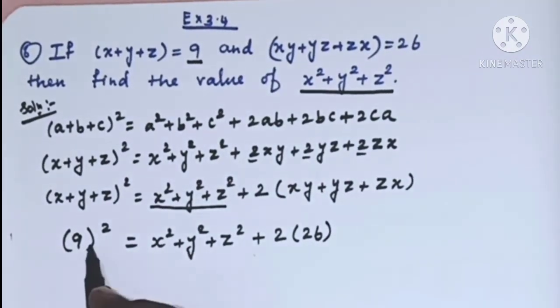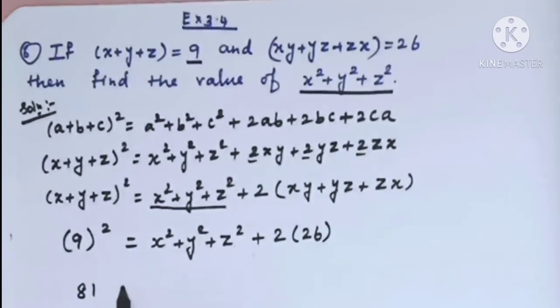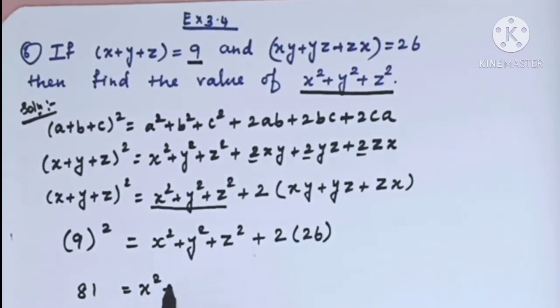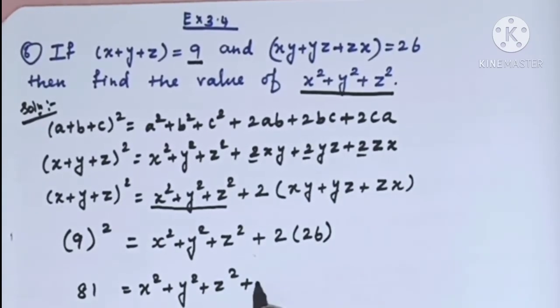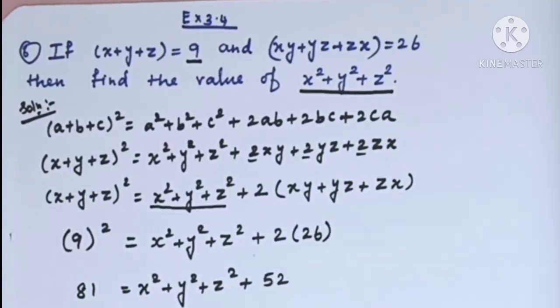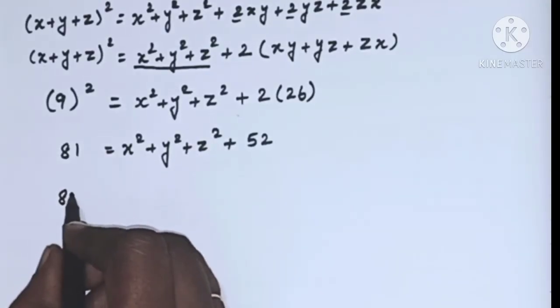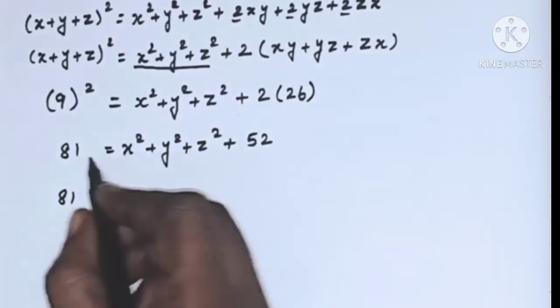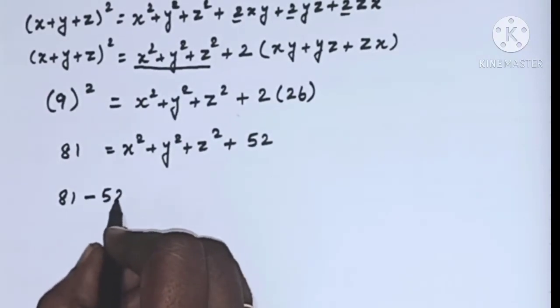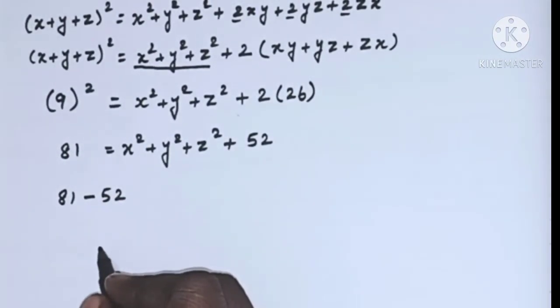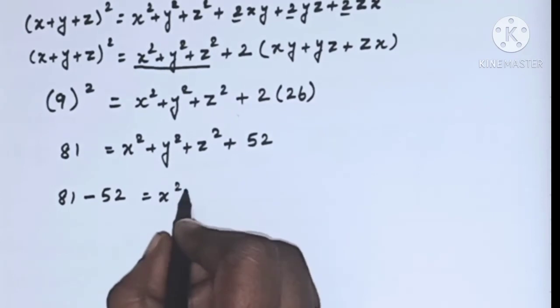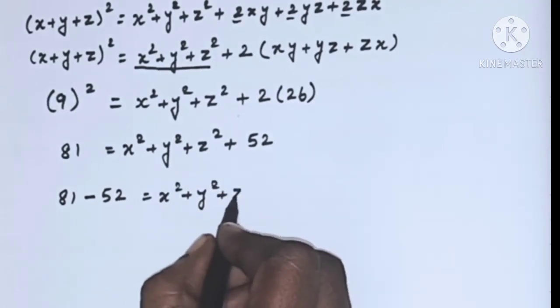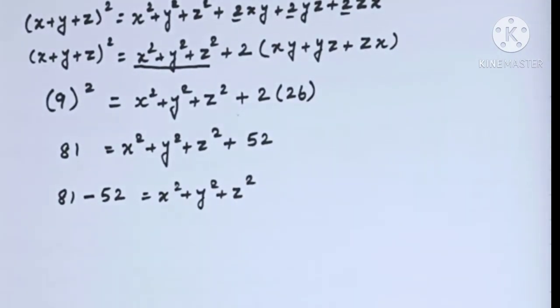Substitute. Now, 9 square is 81. 9 9s are 81 is equal to x square plus y square plus z square plus 2 into 26, which is 52. So, 81. This plus 52 will become minus 52 when it comes to the left hand side, which is equal to x square plus y square plus z square.